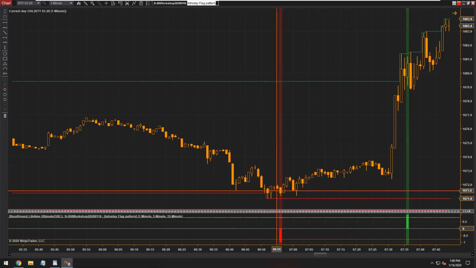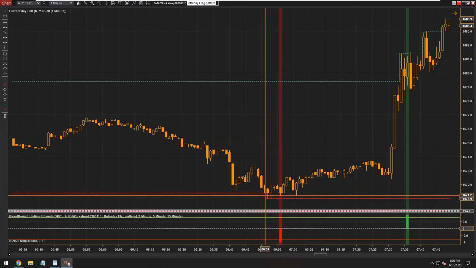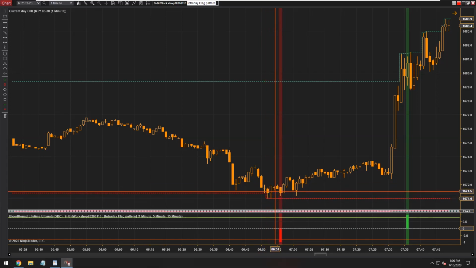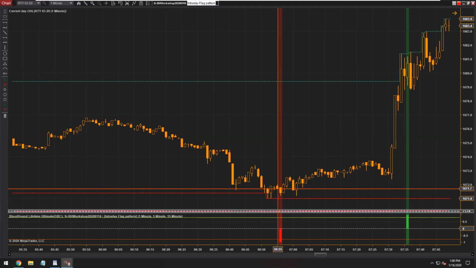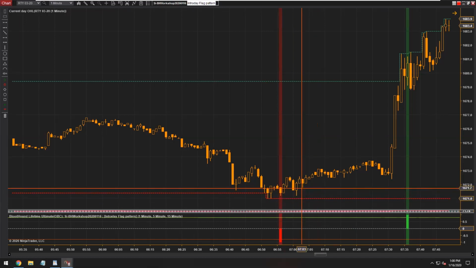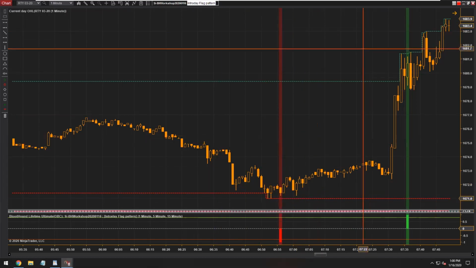Here we go, here's probably a more legitimate short. We had a new low, we had an equal low, and then a higher low, and then a break of that low. So cool, great.